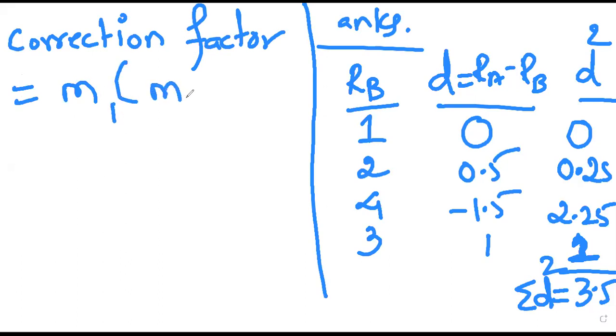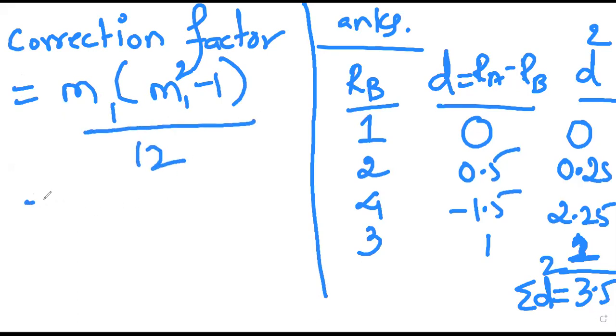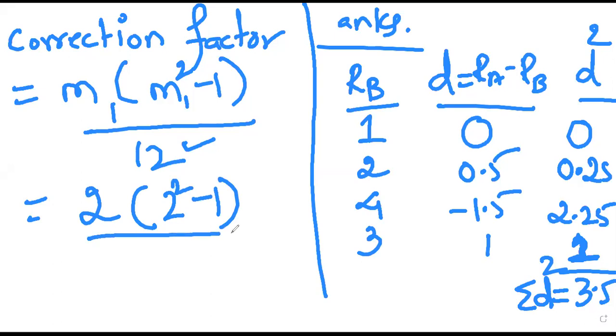It is m1 times (m1 square minus 1) divided by 12. This 12 is a constant, the same for all the problems. Since 19 has repeated twice, we have considered m1 as 2, so it is 2 times (2 square minus 1) divided by 12. What will be the answer for this?